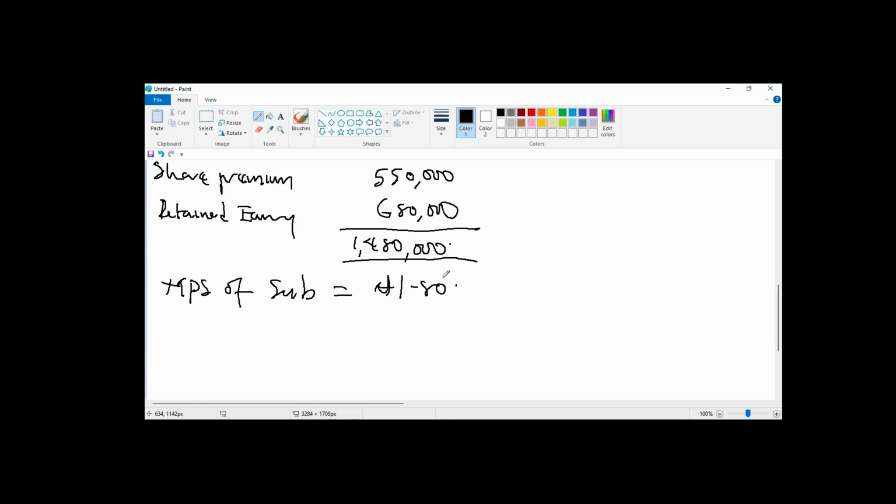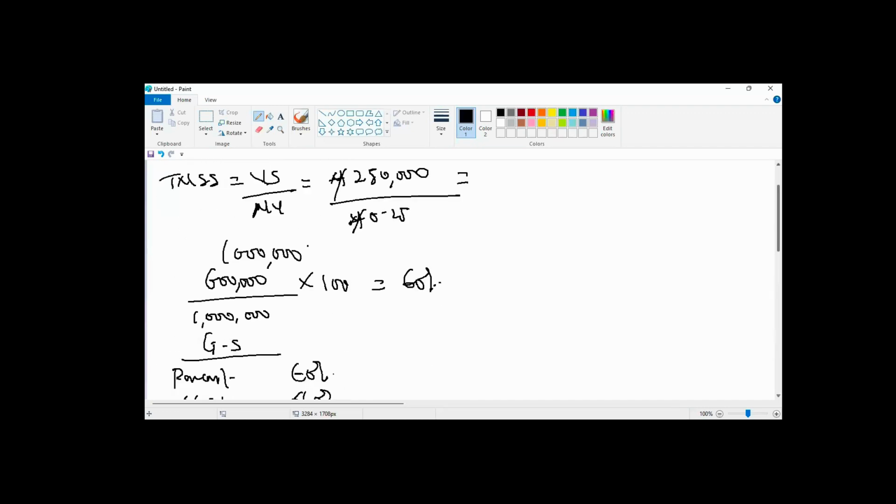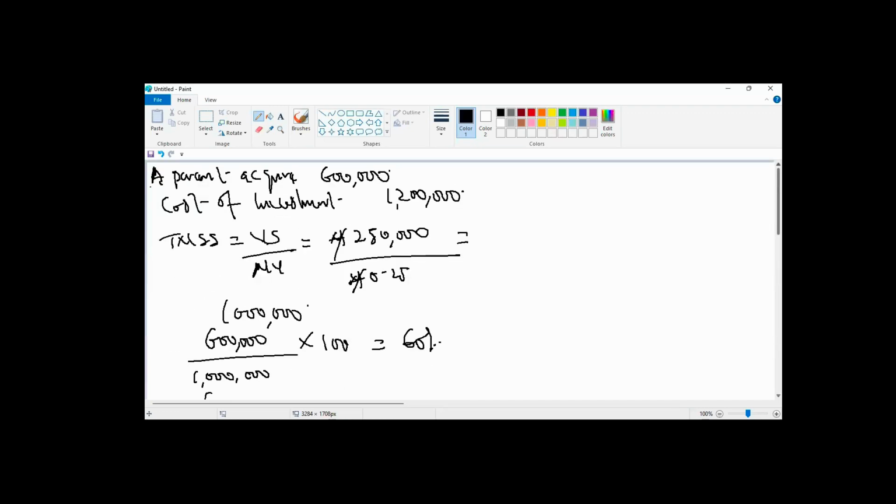We will now do it. We should use fair value and share proportionate, the same formula for both of them. To calculate goodwill, first one, using fair value.